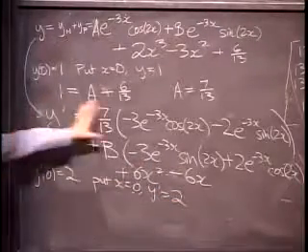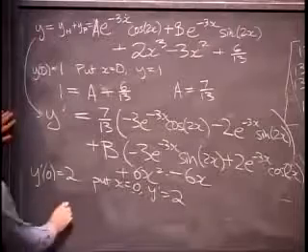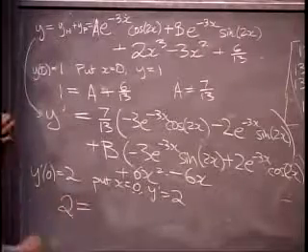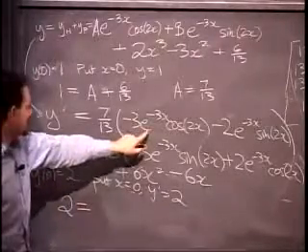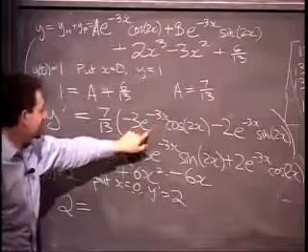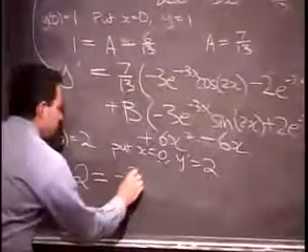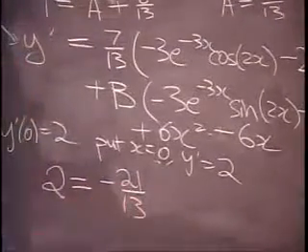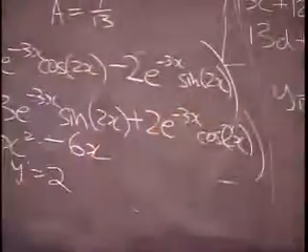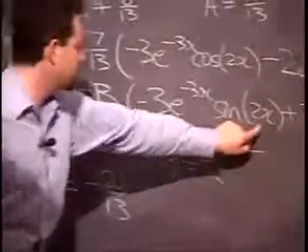So this mess of equations simplifies considerably to 2 equals, okay, again, when x is equal to 0, this sort of term is 1 times 1, and you get minus 21/13 from that. And the sine goes away. And here the sine goes away.